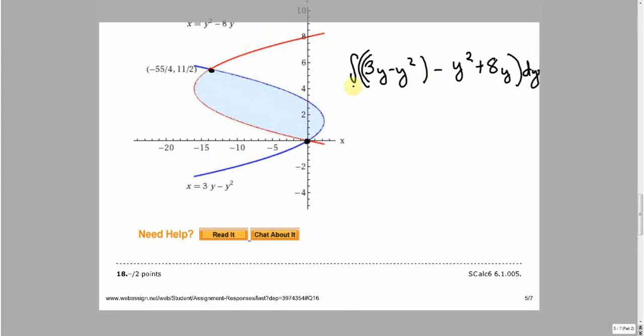Now you need to put in the limits. No, sorry, that's completely wrong, isn't it? You integrate from right here on the y-axis to right here on the y-axis. And they're just telling you what those numbers are, so that's really easy.